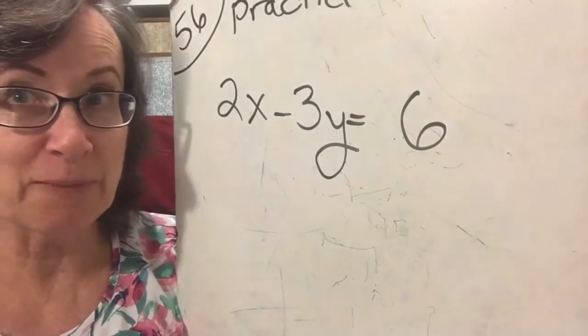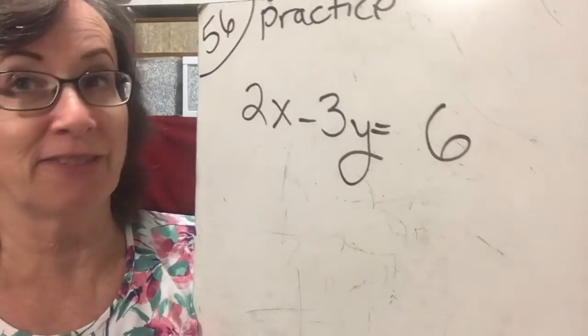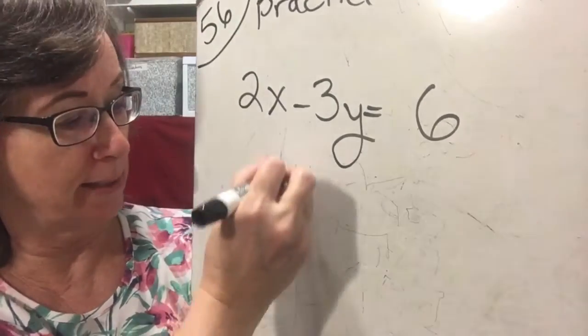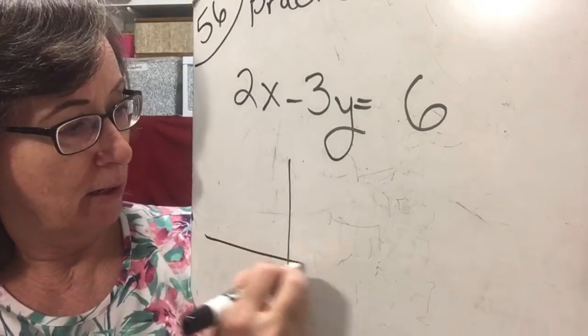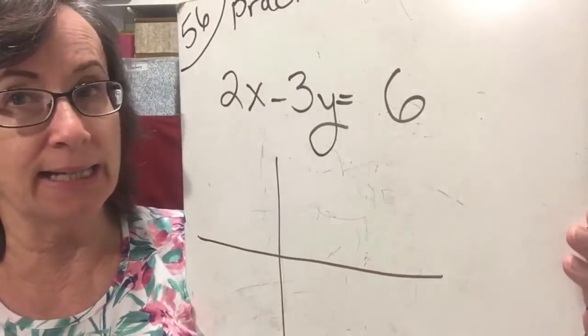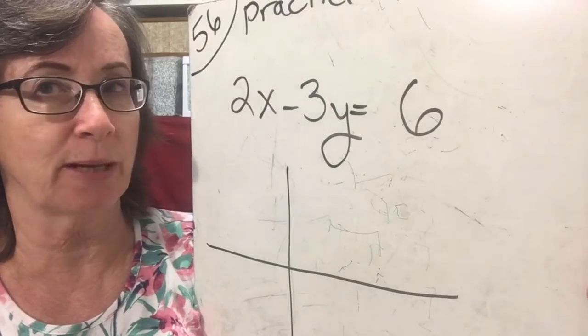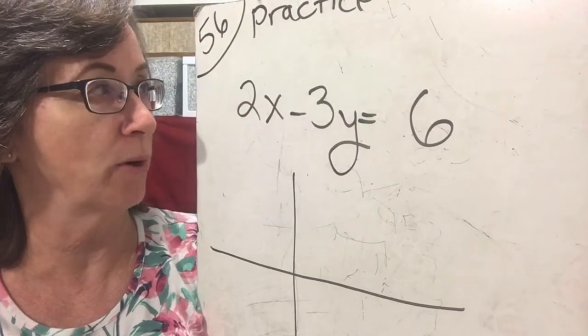Here is our last practice problem for lesson 56, and we're supposed to graph this on a coordinate system. So I'm going to go ahead and put our coordinate grid, but we would like to turn it around and put it in slope-intercept form, which is our solve for y form.